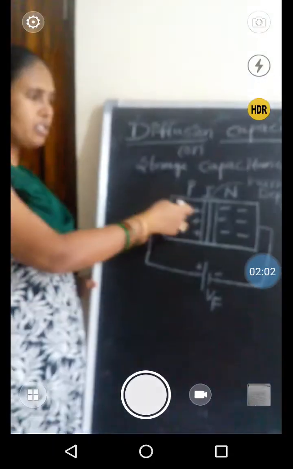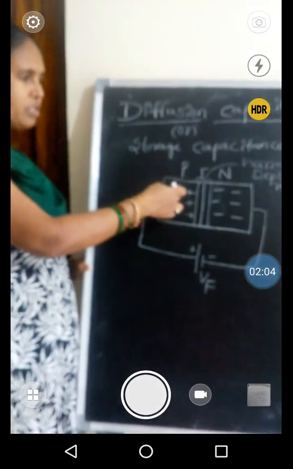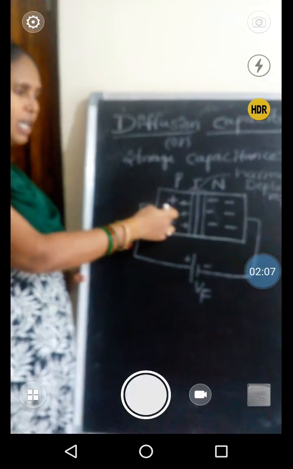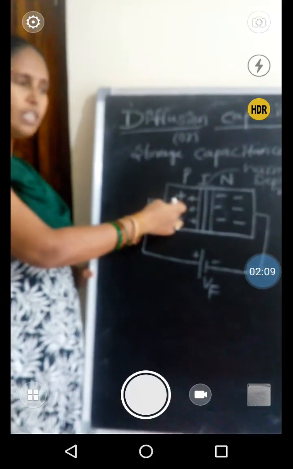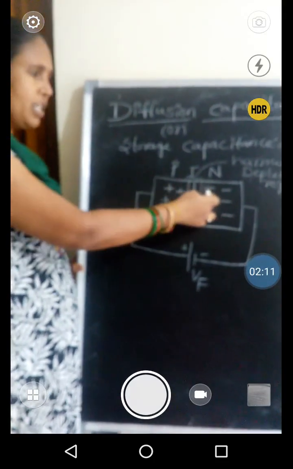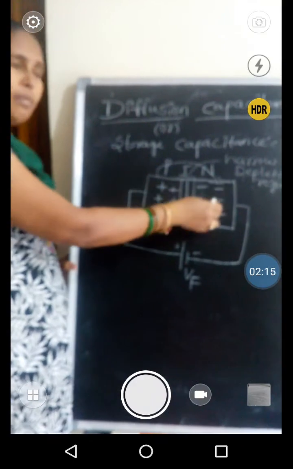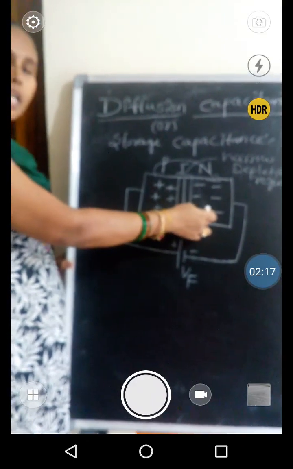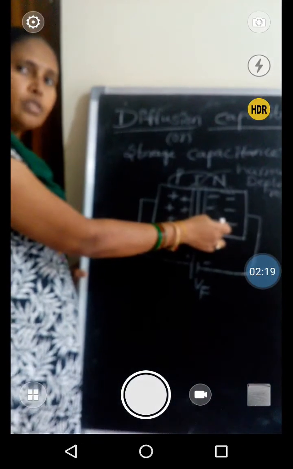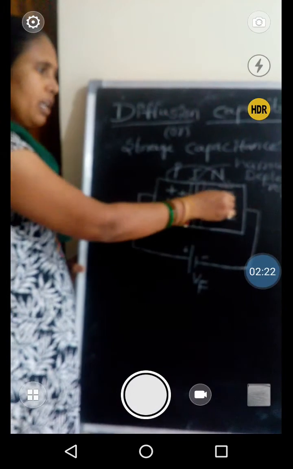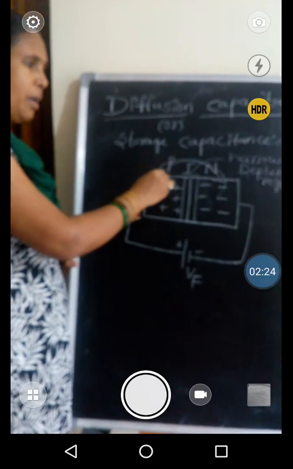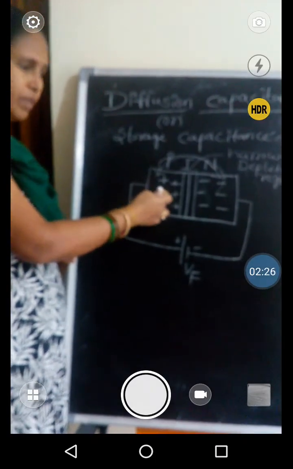When the forward bias condition is applied, the diffusion process starts. In the p-type region, the majority carriers, holes, diffuse and cross the junction, moving from the p region to the n region. Similarly, in the n-type region, the majority carriers, electrons, diffuse and cross the junction from n-type to p-type.